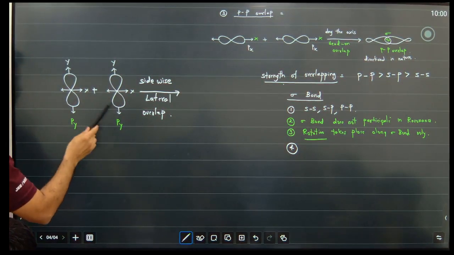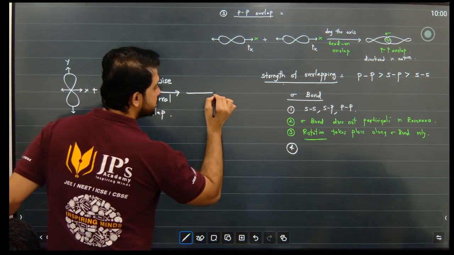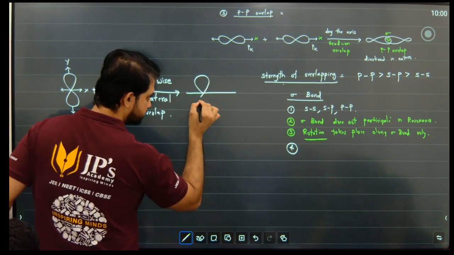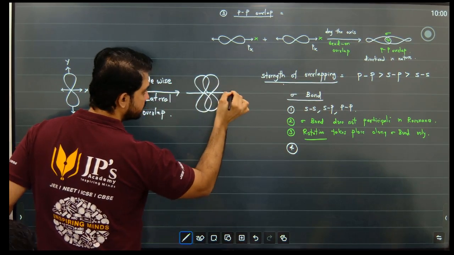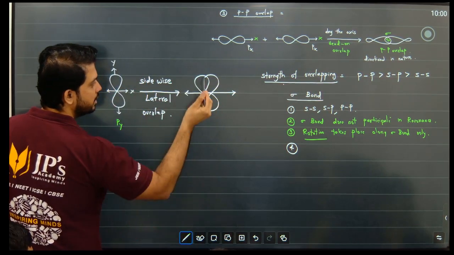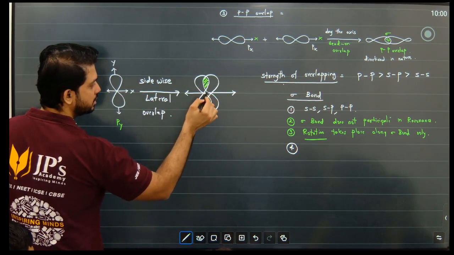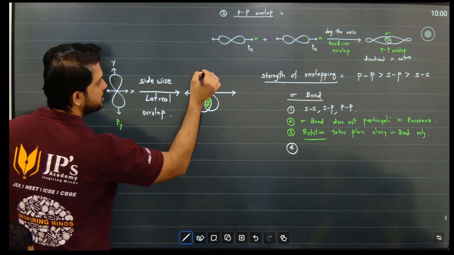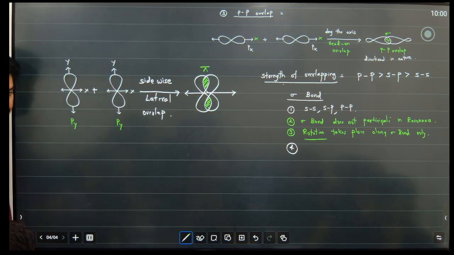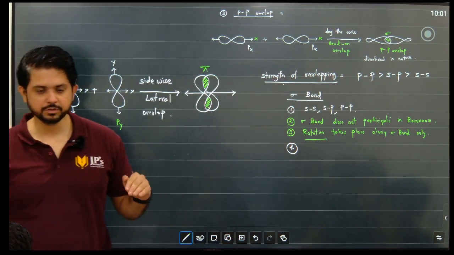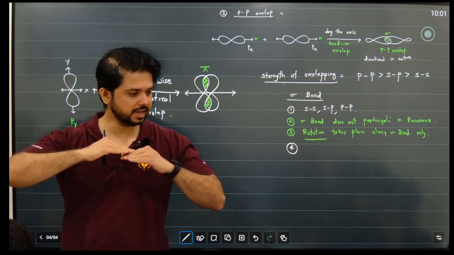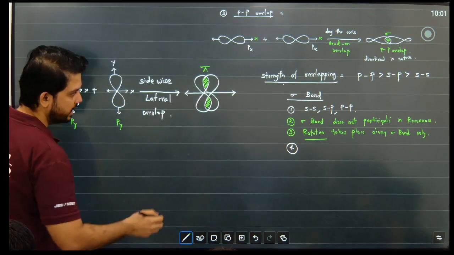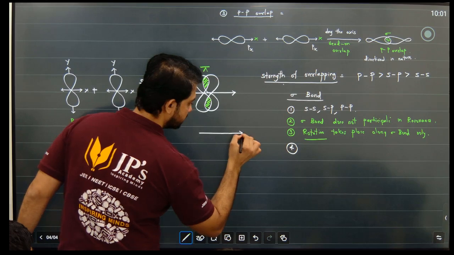So when the two are overlapping sidewise, such a bond is called as a pi bond. Remember, electron is a wave, so it can be present either in the plane above the axis or in the plane below the axis. So इसको आप ऐसे भी बना सकते हैं.